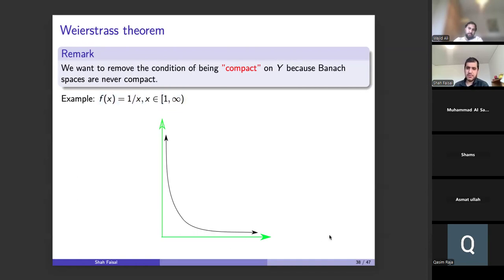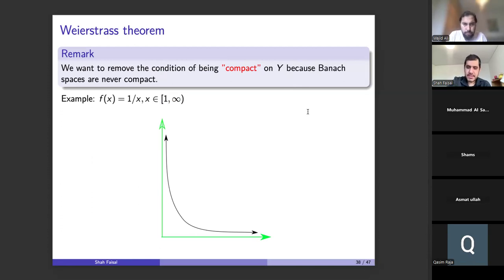The function is decreasing, and it has no minimizer because the minimizer gets lost at infinity. So if you just remove the compactness from the Weierstrass theorem, you are losing the minimizer. So the lower semi-continuity was very important, but also the compactness. So you need to do something interesting to keep the theorem true while you remove the compactness.